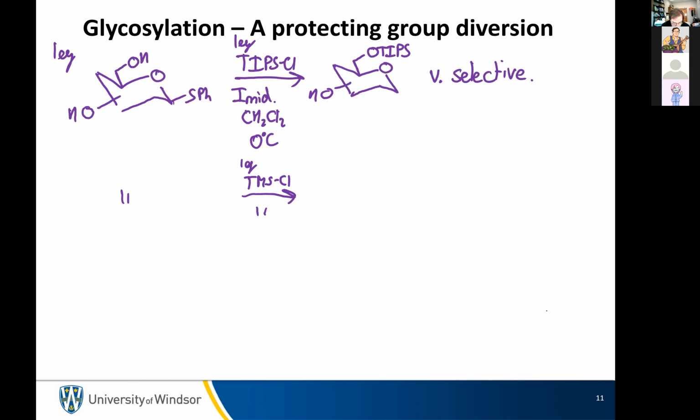You said just one equivalent. Is TMS small enough to go on C1 as well? Well, we have C1 protected with the thiophenol, but we have C2, 3, and 4 open. It's going to go everywhere.